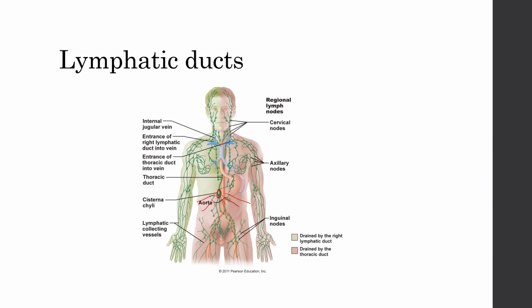If you've ever seen a cistern, it's like a large water container that you might see on a farm or a ranch for feeding livestock. Chyle is digested fat or absorbed fat, and so the cisterna chyli is a storage tank for absorbed fat from the intestines.